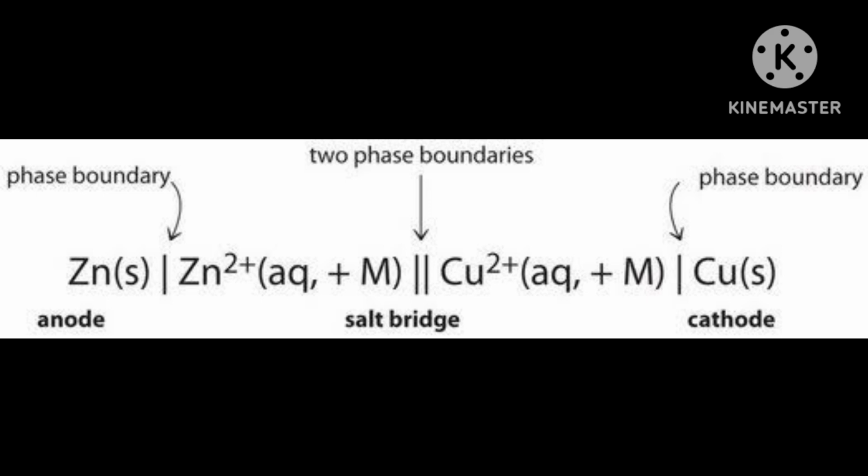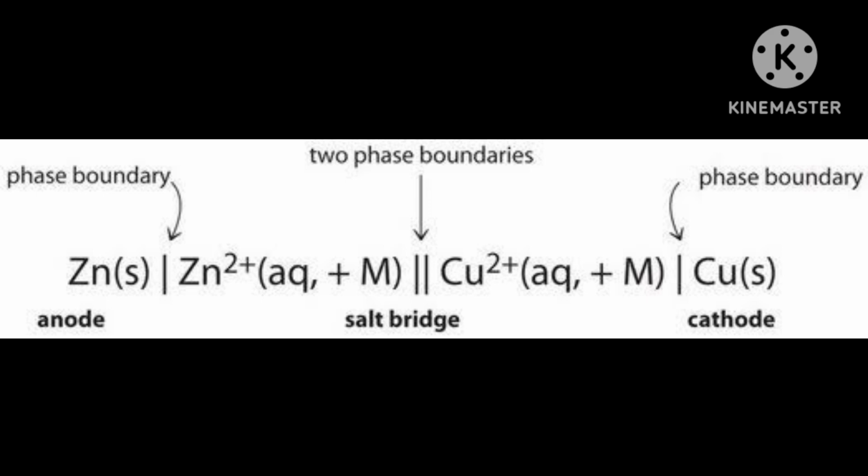Correct? Because you know E cell and you know Zn, then you can know copper. Its value will come plus 0.34 volt at standard condition. Here also you have to write a small 0 superscript for standard, E0.